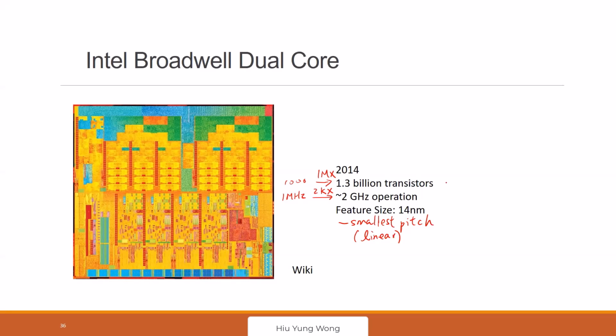So if we change from 10 micrometer to, let's say, 10 nanometer in the feature size, what is the reduction of the linear length? It means reduced by how many times? How many times?